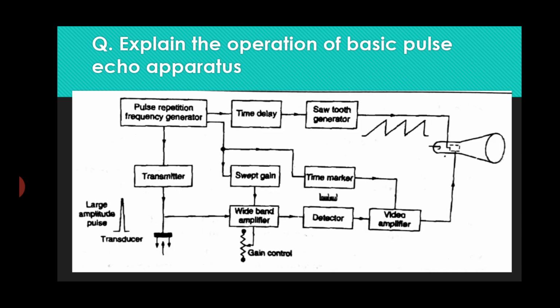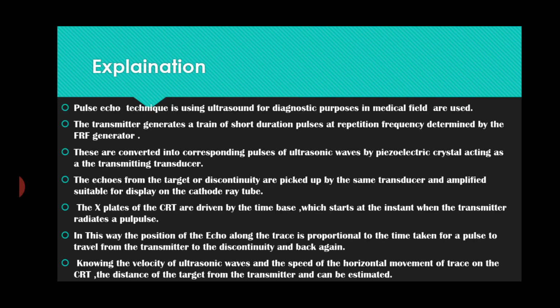Now, we will see the operation of the basic pulse echo apparatus. This is the block diagram for the echo apparatus. The pulse echo technique is used with ultrasound for diagnostic purposes in medical fields. The transmitter generates a train of short duration pulses at a repetition frequency determined by the RF generator.